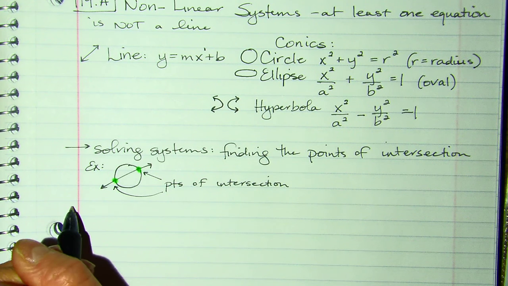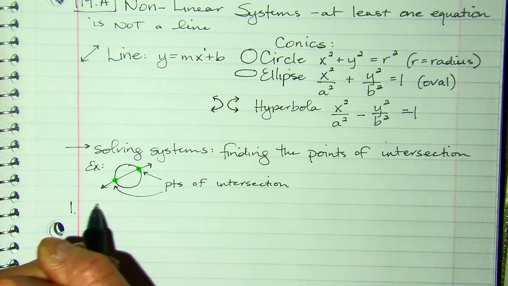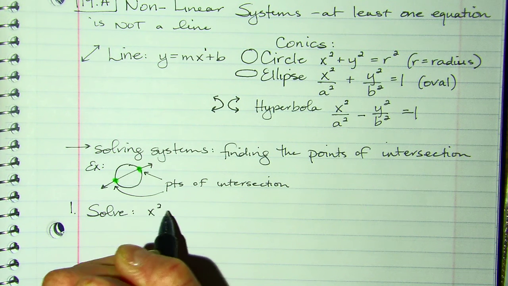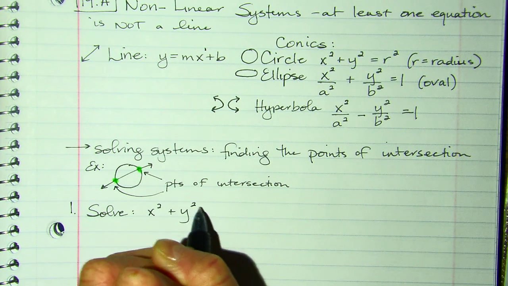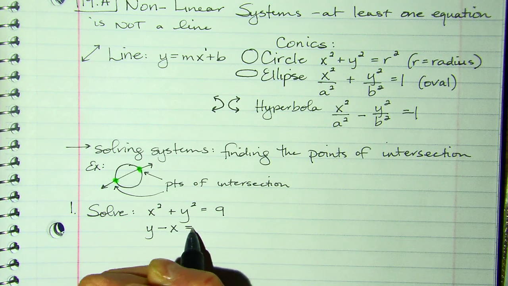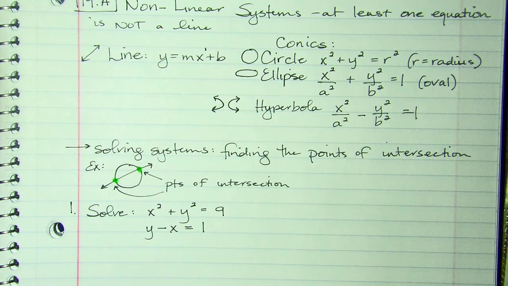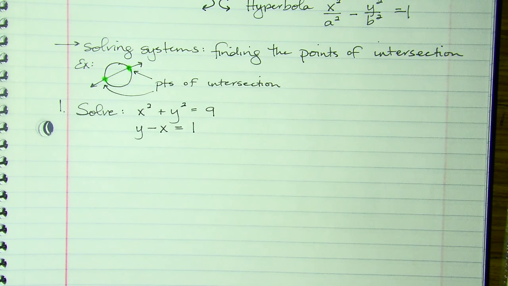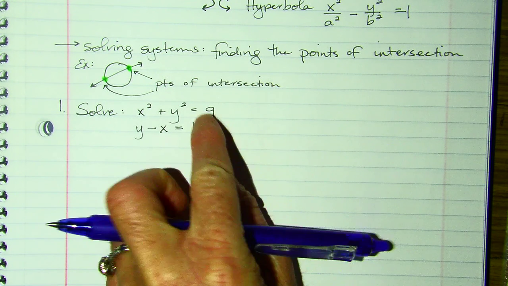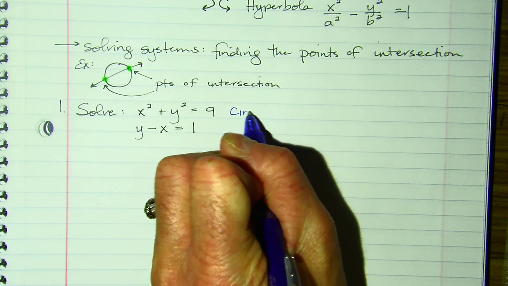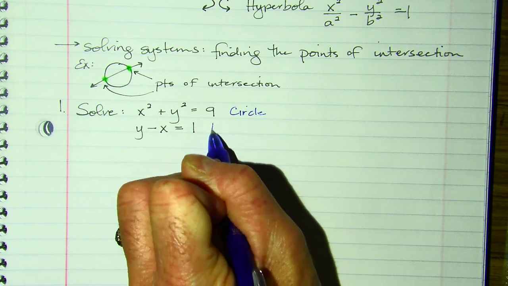So let's do example number 1. We're going to solve x squared plus y squared equals 9 and y minus x equals 1. Now, I like to know exactly what I'm looking at. So if I look at these two, this doesn't equal 1 and there's no denominator. So I know this first one is a circle and I know this one is a line.